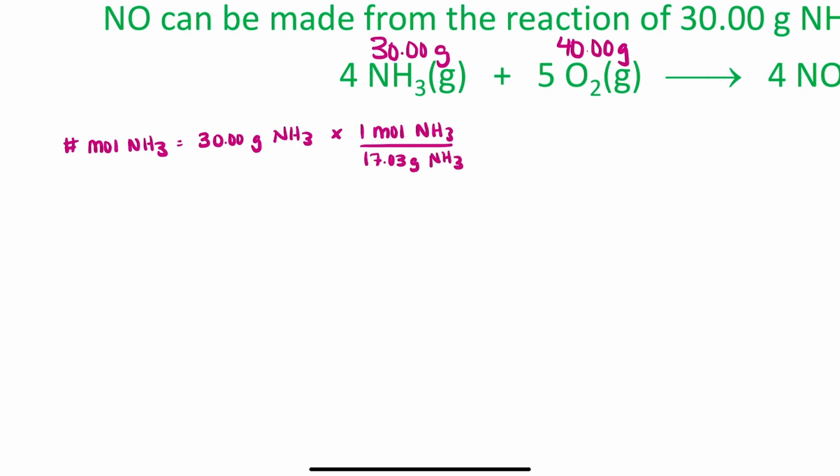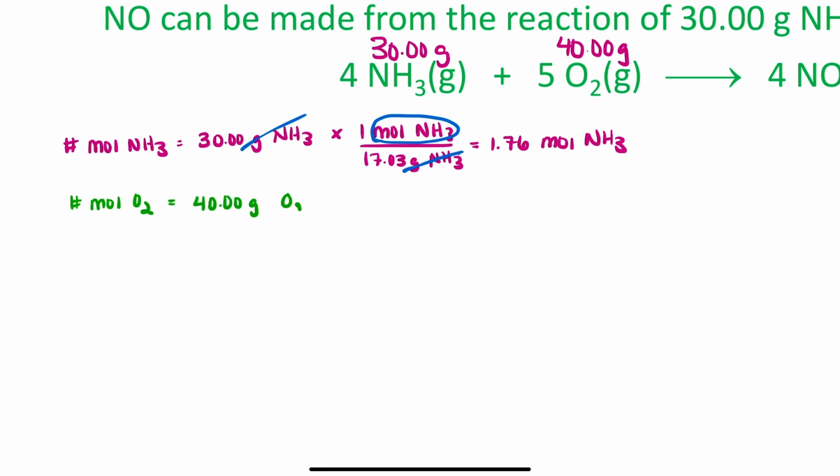Why do I know that? Because I added up the molar mass really quick. Make sure that my grams cancel with my grams. I'm left with moles, so my conversion is set up correctly. And I get 1.76 moles of NH3. And do the same thing for number of moles of O2.